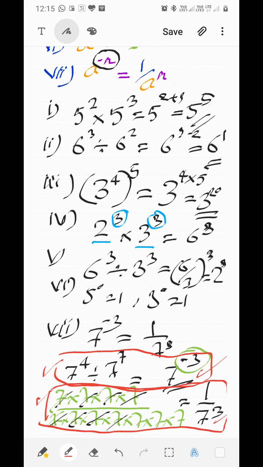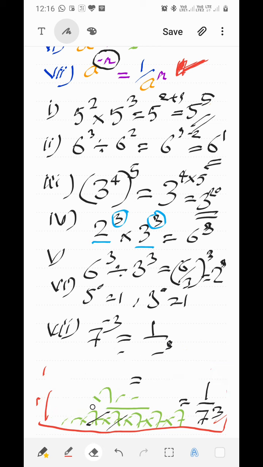So what it actually means? Yes, 7 raised to minus 3 is 1 by 7 cube. That is the justification of this seventh law of exponent.